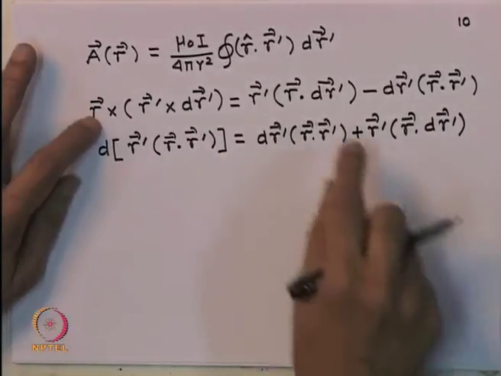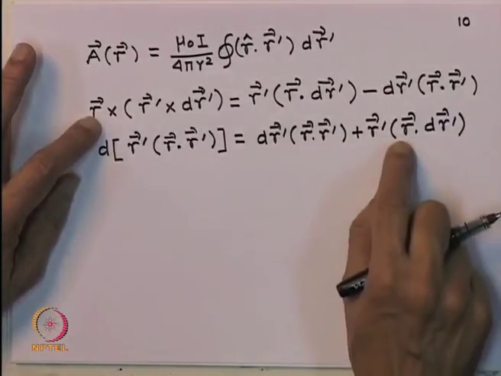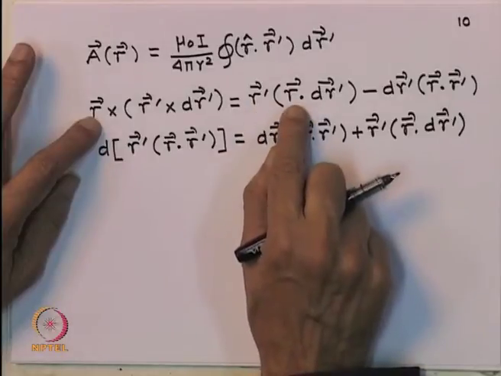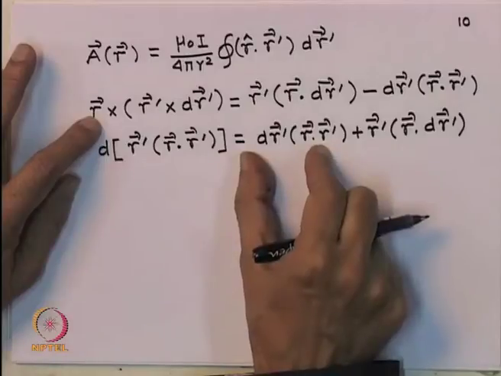Now, if you combine these two expressions, in other words, I am going to replace this r prime r dotted with dr prime through this minus that.